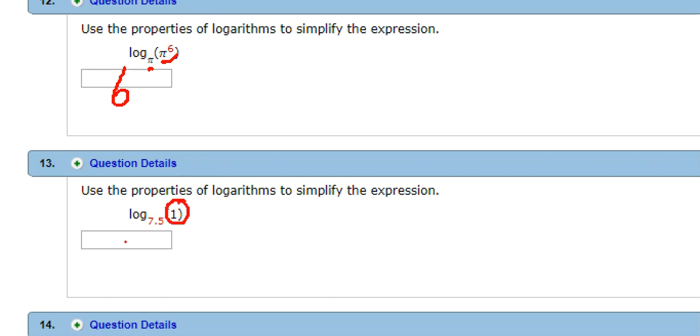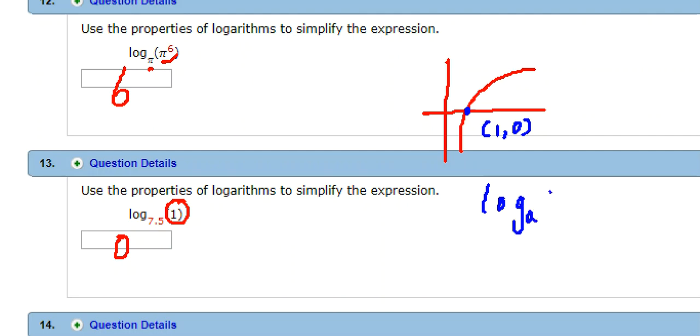Whenever this is 1, this has to be 0. And this is just because the log function, geometrically speaking, passes through (1, 0). All log functions, log base a of x, pass through this point.